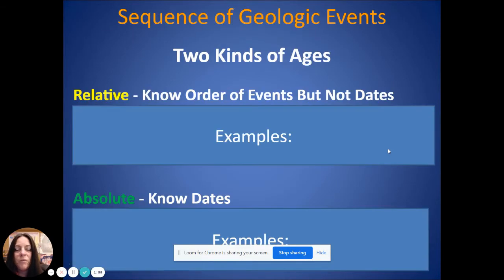So first, we're going to know the difference. What's the difference between relative and absolute? Well, if you think about it, absolute means I know exactly what age you are. If I knew exactly which day, time, and year that you were born, I would know your absolute age, right? But relative means I know kind of the order in which your birthdays are, but I don't know the exact days.